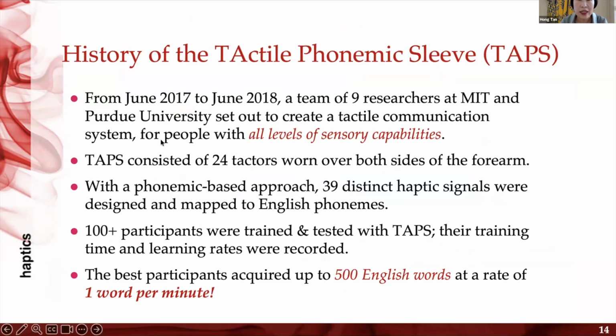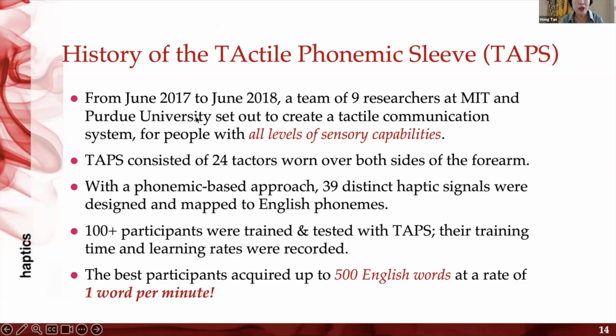I want to emphasize that this was not for people with disabilities. The idea is that if you send somebody a text message, you receive it with a tactile display. So the question is, can you do this? And within 12 months, can you build it? And can you actually run a human study to prove that people can do whatever it is that you set out to do?